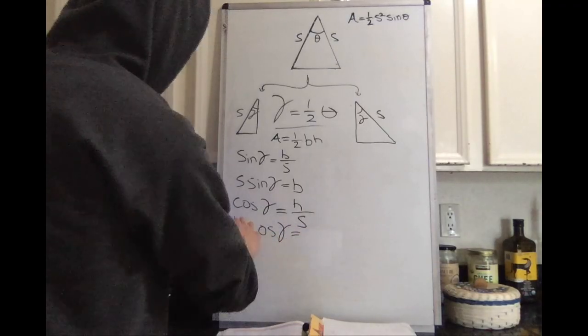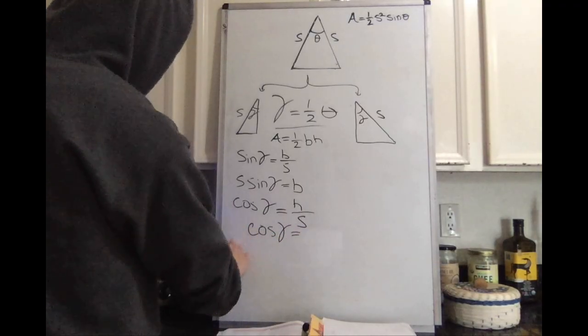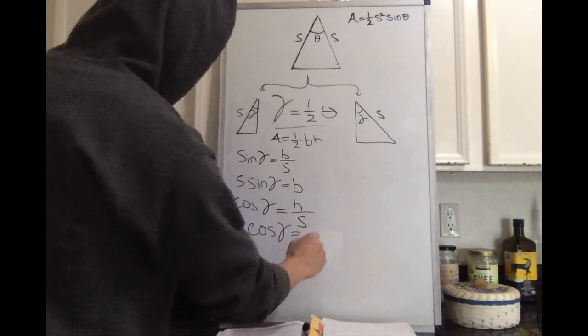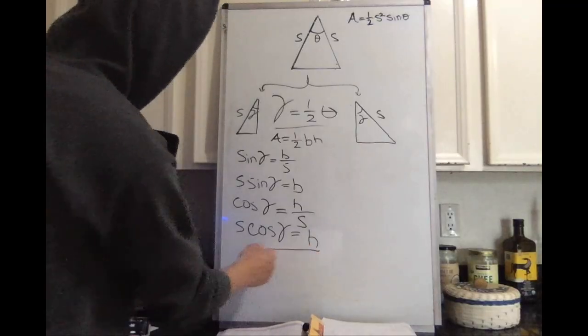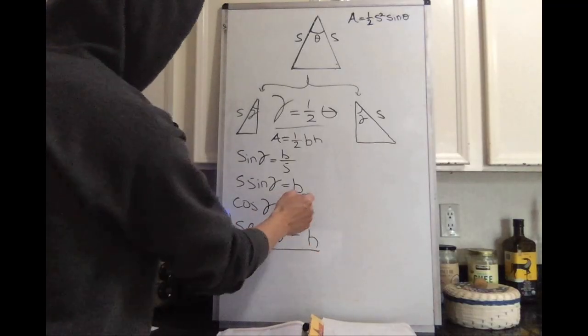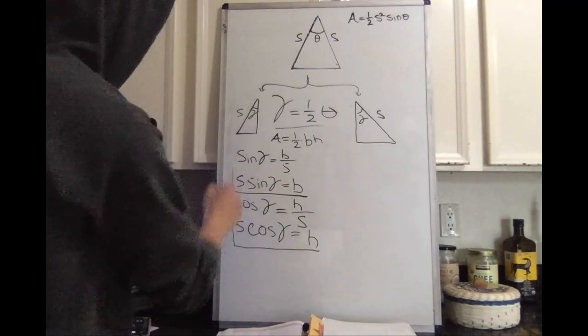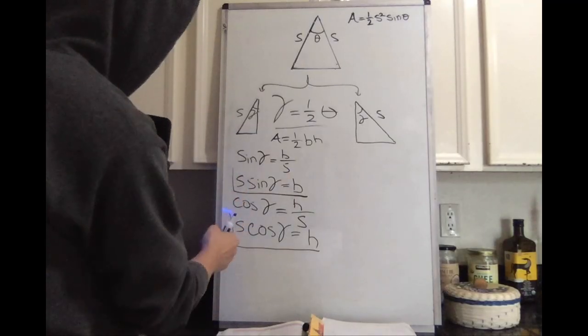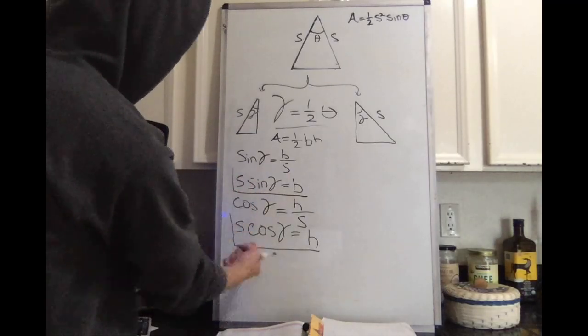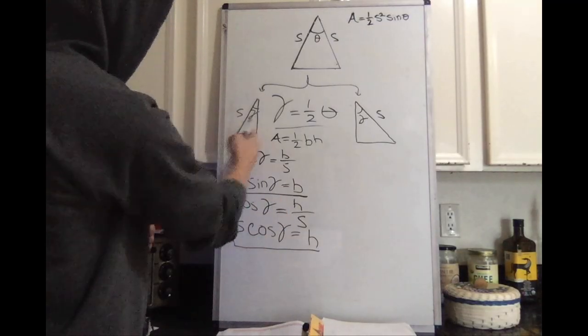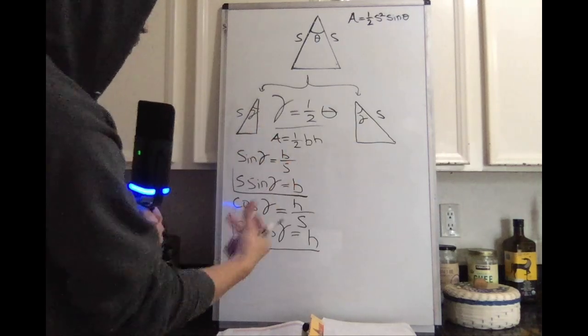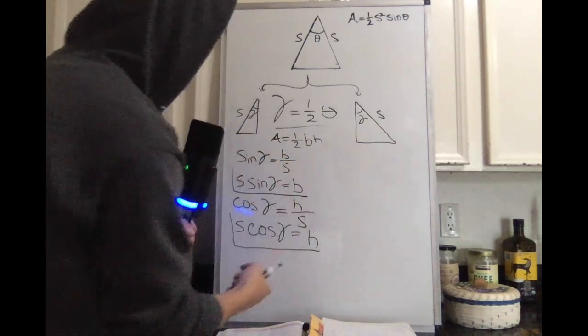So it's these two guys right here that are important. 1/2 times base times height is the area of this triangle. And of course the same thing can be done for that triangle.